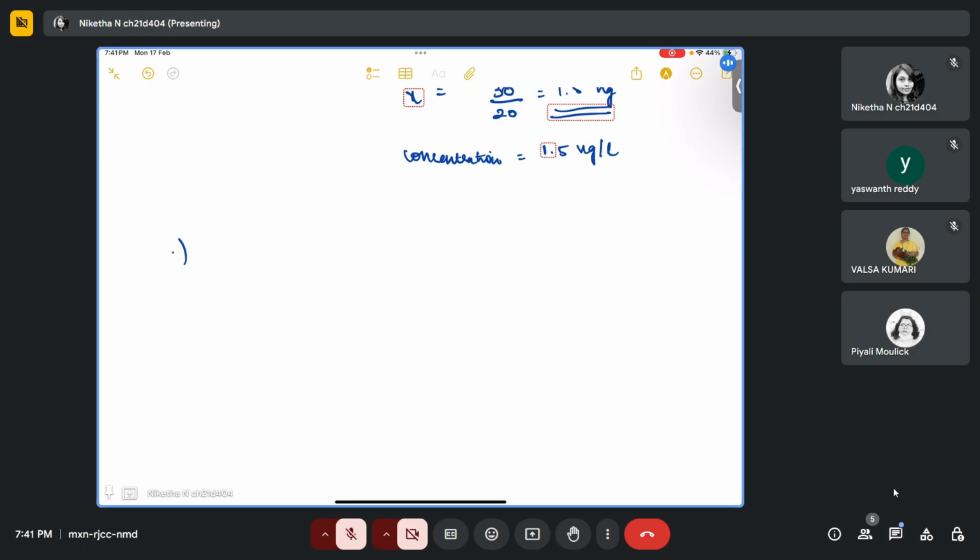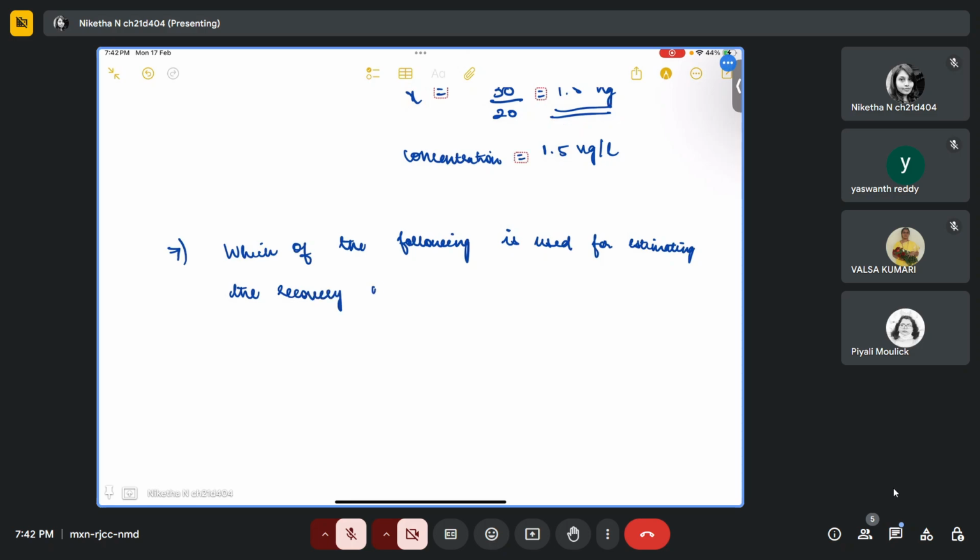The next question is, which of the following is used for estimating the recovery of an organic analyte during extraction?